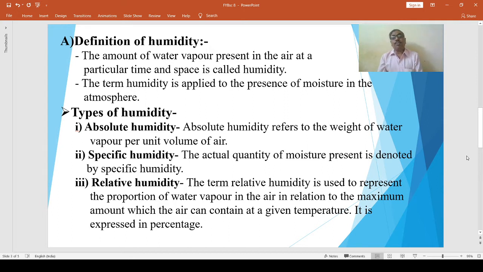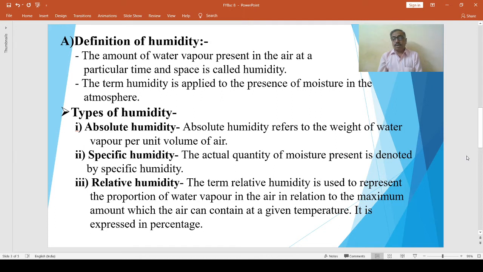Specific humidity is often used to describe the moisture characteristics of a large mass of air. For example, extremely cold, dry air over the Arctic region in winter may have a specific humidity as low as 0.2 grams per kilogram, whereas extremely warm moist air of equatorial regions often holds as much as 15 to 18 grams per kilogram.